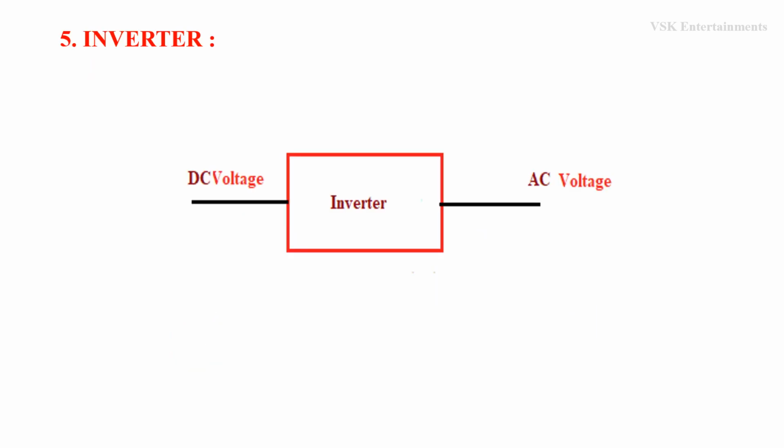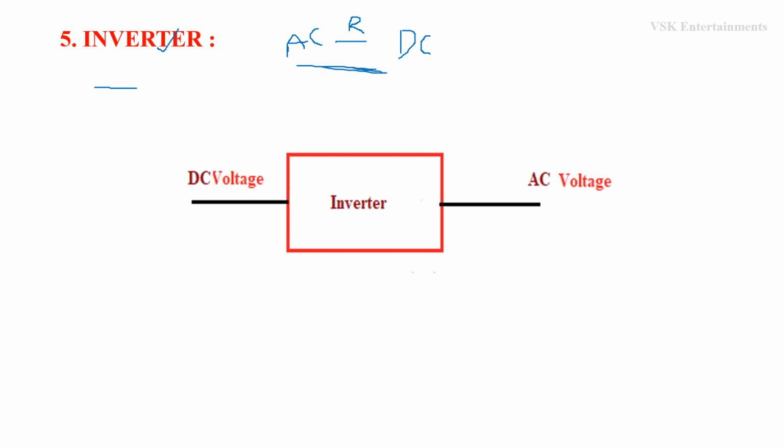Coming to the last type of converter, that is the inverter. The inverter is exactly opposite to the rectifier. In a rectifier we convert AC voltage to DC voltage or pulsating DC voltage. The inverter is exactly opposite to this process.